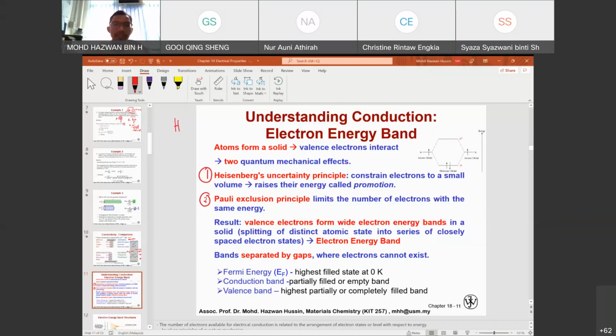So this is what we're talking about. 1s1. We know that it has a proton number of 1 and electron number of 1. Maybe during your high school, Form 4 or Form 5, you learned about the electron configuration of 2, 8, 8, 2, something like that. This is according to the period. So you have orbitals.